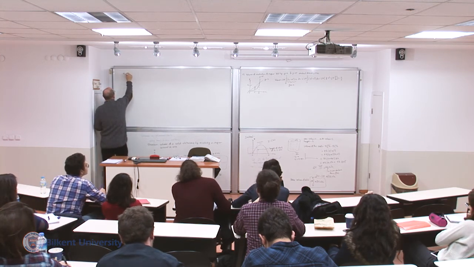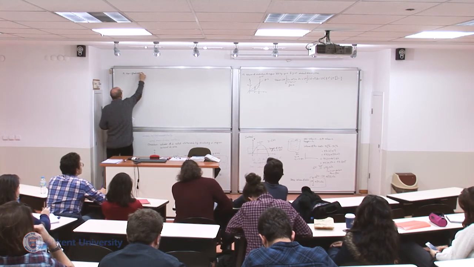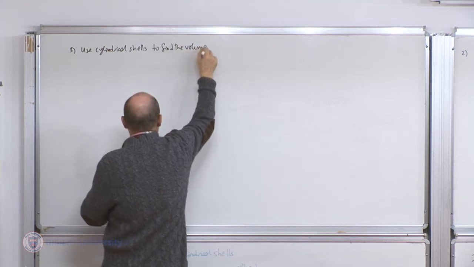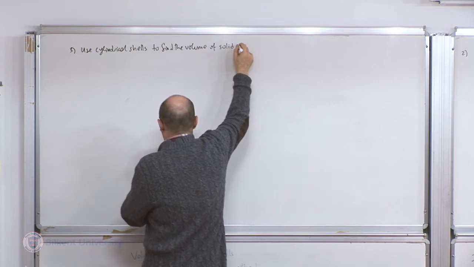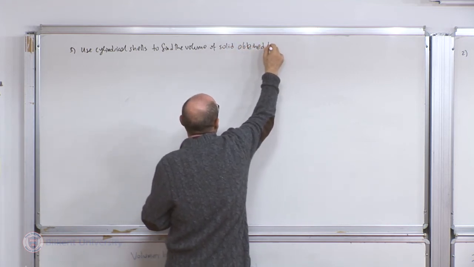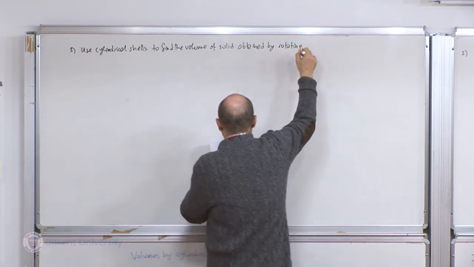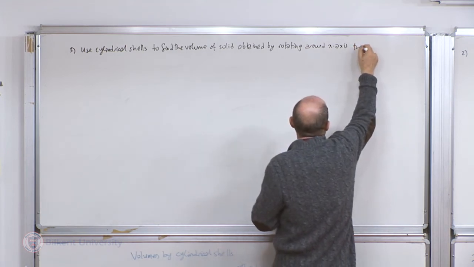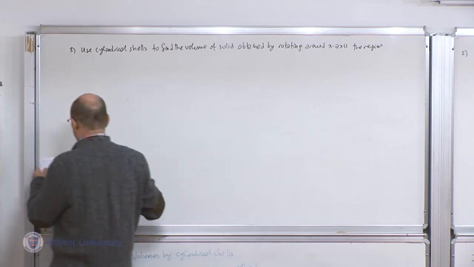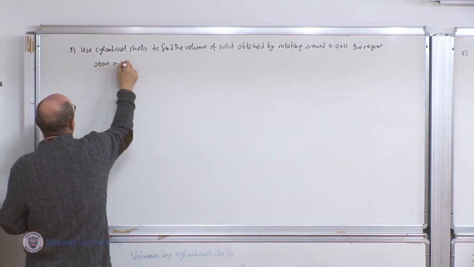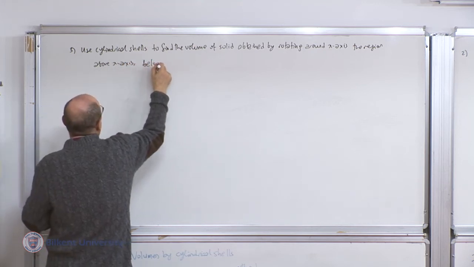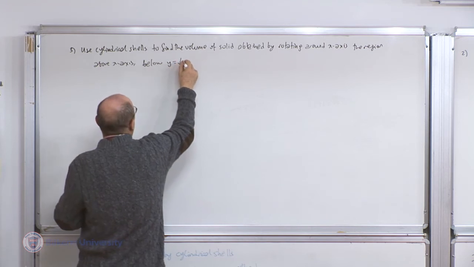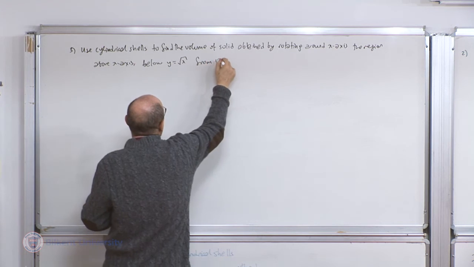This says use cylindrical shells to find the volume of the solid obtained by rotating around the x-axis the region above the x-axis and below y equals square root of x from 0 to 1.